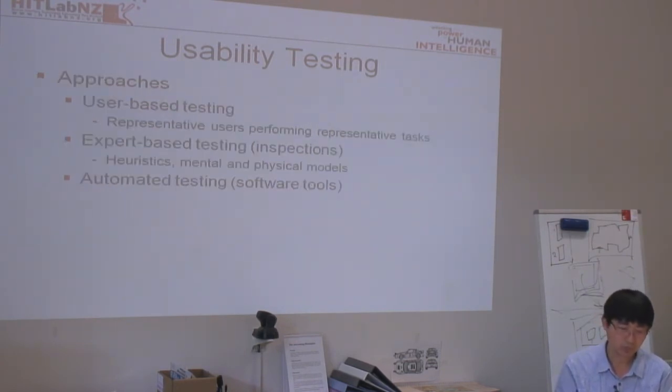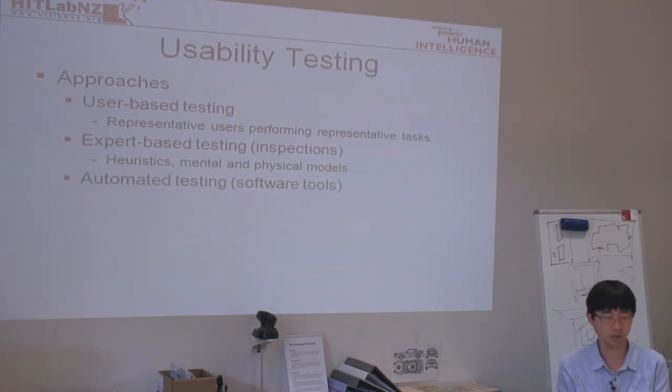So to make sure your product or your user interface design is usable, there are three main approaches, which are quite similar to HCI research methods. First one is user-based testing.